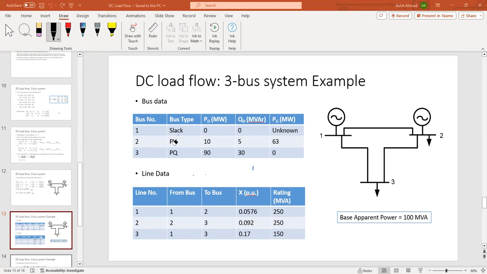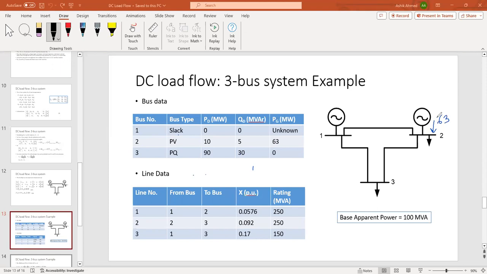Bus number 2 specification: it is a PV bus. The demand here is given as 10 plus j5, PD plus jQD. PG is 63, so this is providing 63 injection.